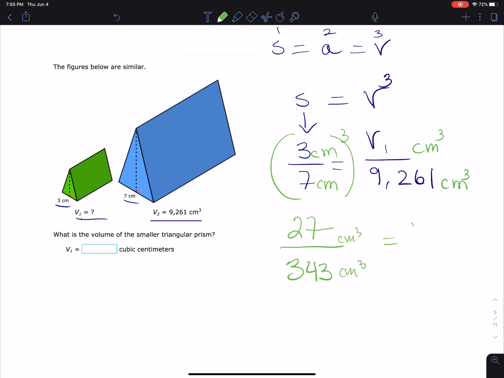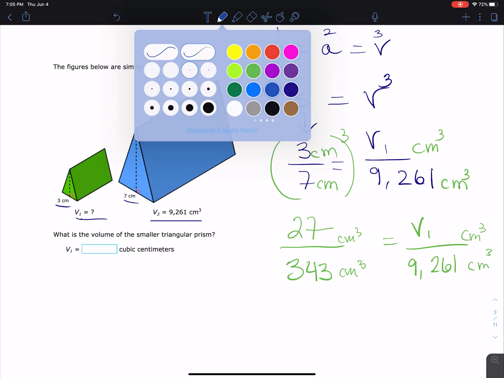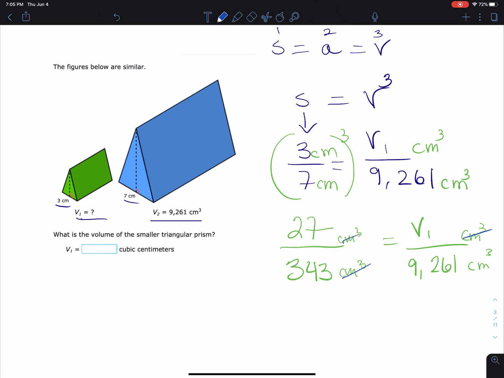And then that's going to equal volume 1, which is what we're trying to find, over 9,261 centimeters cubed. Since everything's in centimeters cubed, now I can cross multiply. So clearly I don't need to pay attention to centimeters cubed anymore. I'm just going to go ahead and cross multiply.